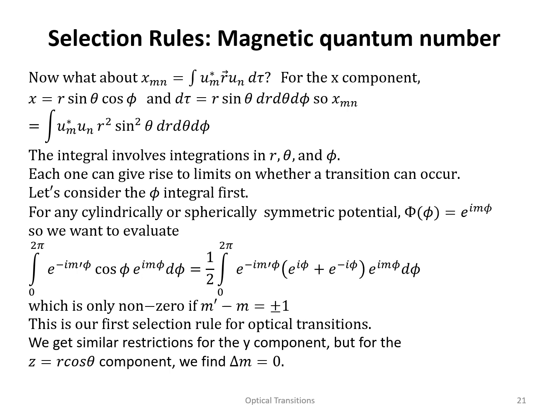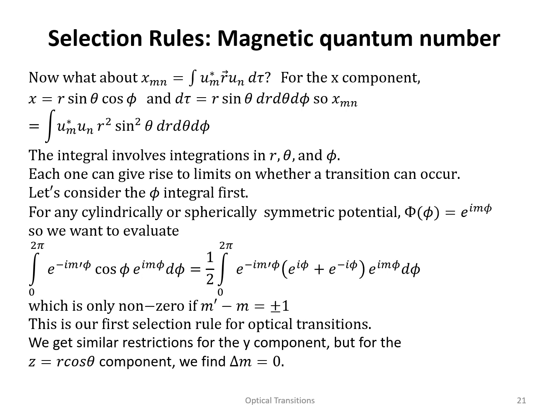For any cylindrically or spherically symmetric potential, the phi-dependent portion of the wave function is just e to the i m phi. We have been writing m sub l. I should leave that in there, right? And so then we look at the actual integral here in phi and find that for electric field along the x direction, and where phi is measured with respect to the z-axis, our matrix element will turn out to be non-zero if the difference between the initial state and the final state magnetic quantum number is plus or minus 1.